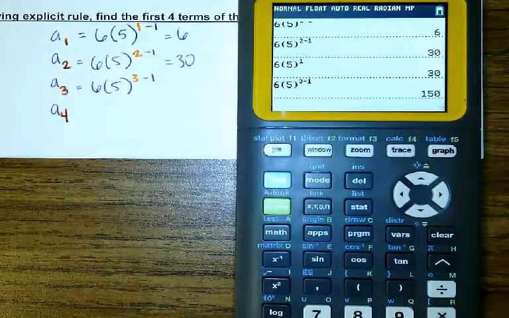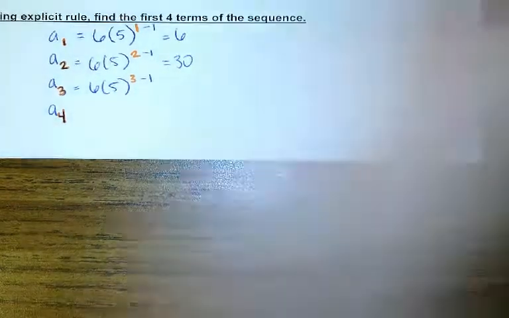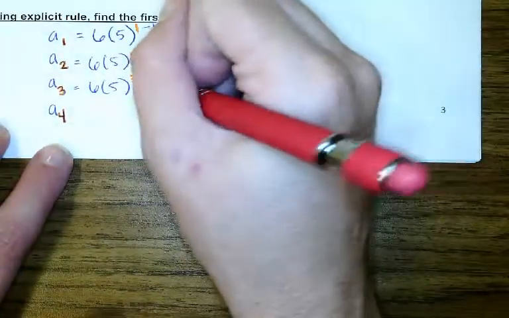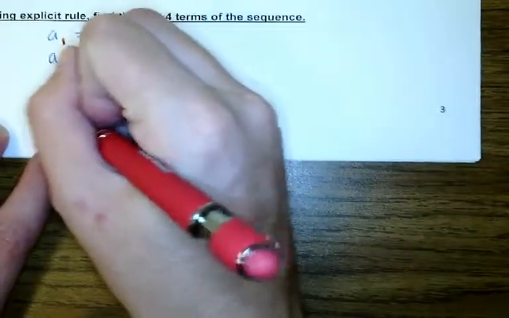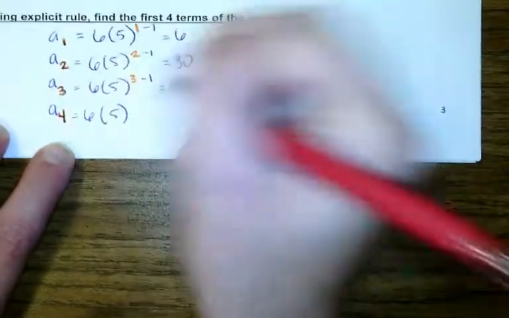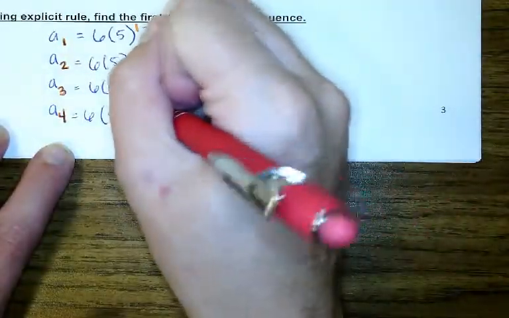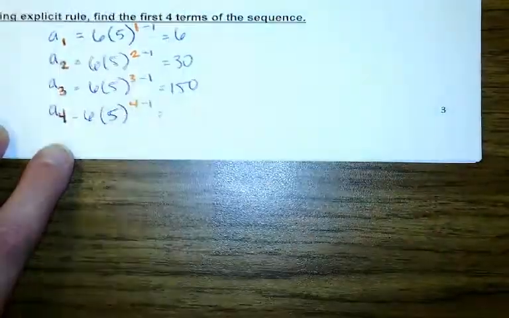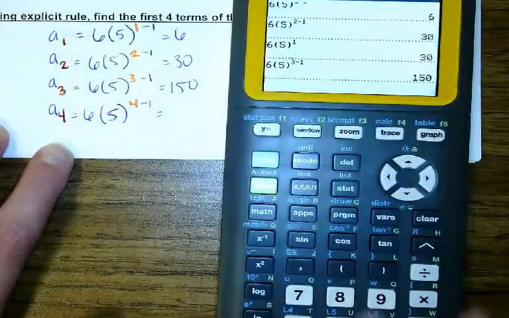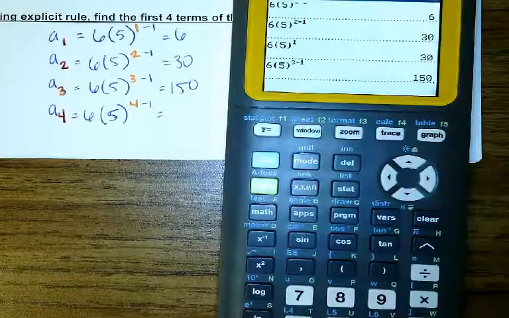And our answer here is going to be 150. And last, but certainly not least, 6(5) raised up to the 4 minus 1 power. And when we do this, we type this guy in, 6(5) raised up to the 4 minus 1 power.